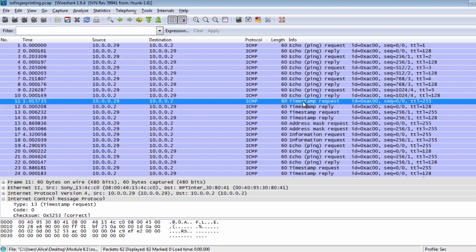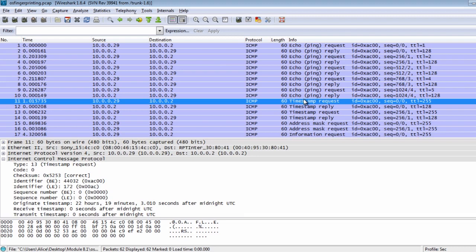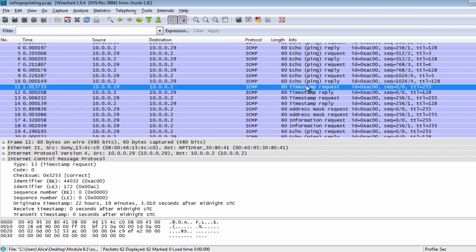Then we formulate different ICMP requests. We look at what the requests are and how the server will reply. Whether someone responds to the timestamp request, giving away the timestamp or not, depends on the particular version of the device and the operating system.